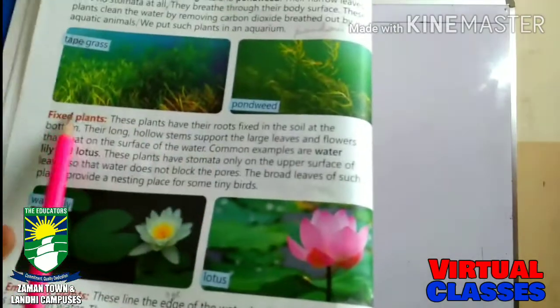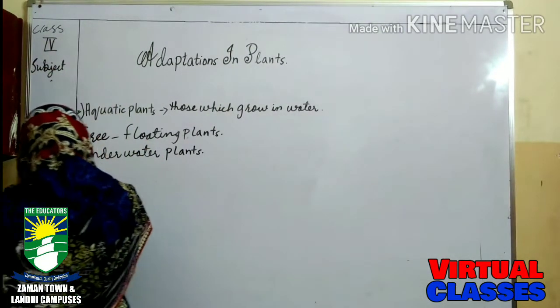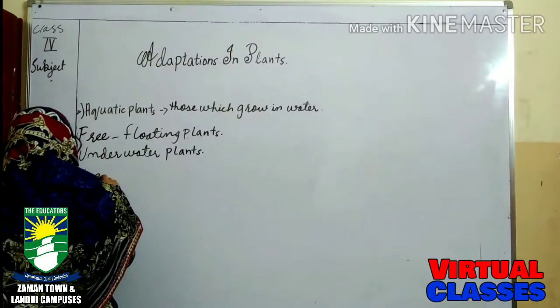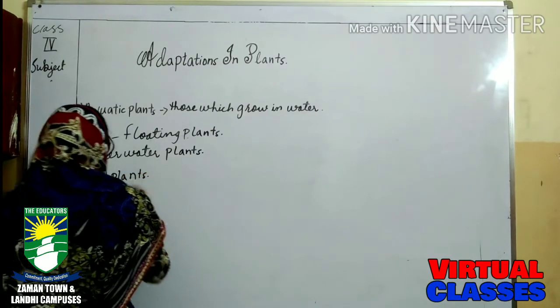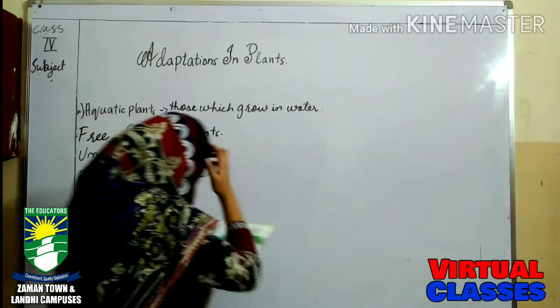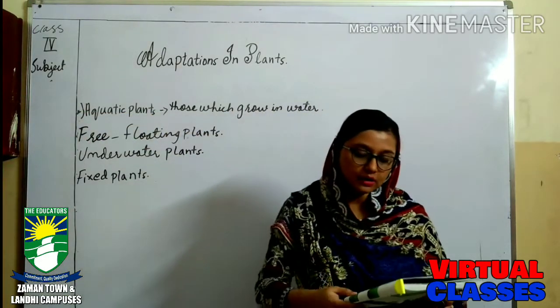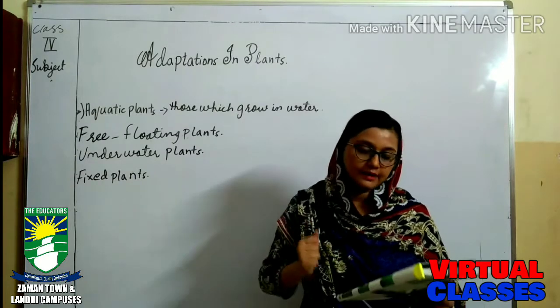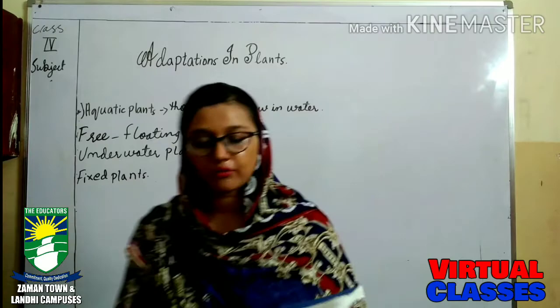Now come to the other type, fixed plants. These plants have their roots fixed in the soil at the bottom. We also have examples of fixed plants. The first one is water lily.